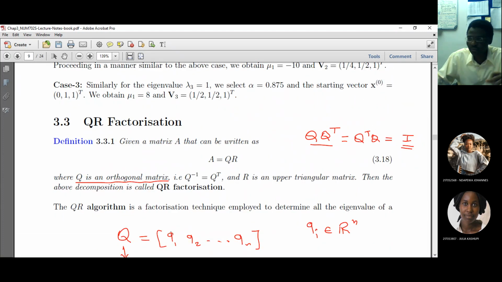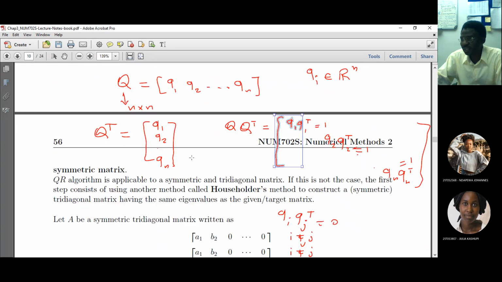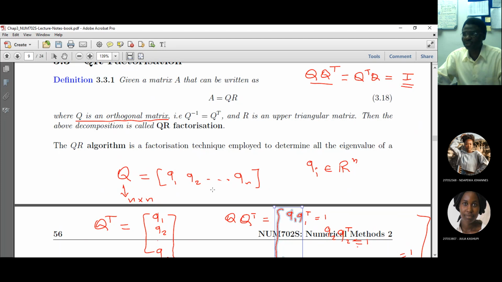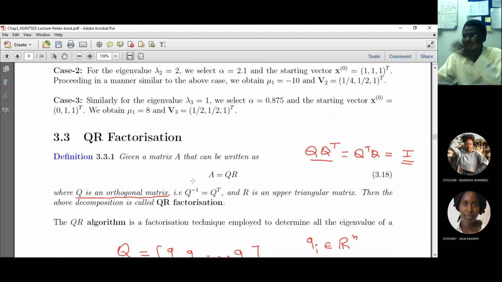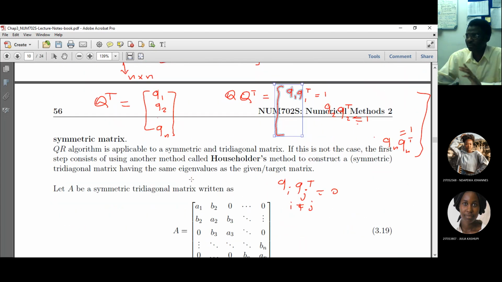So a matrix Q is orthogonal if its vectors, taken as elements of the basis, are orthonormal. The norm of each of these vectors is 1. And if you take two different vectors and perform the dot product, it will give you 0. That's what it means for Q to be orthogonal. That's exactly the explanation that I gave you, right?